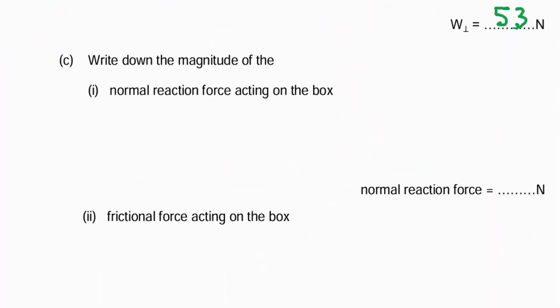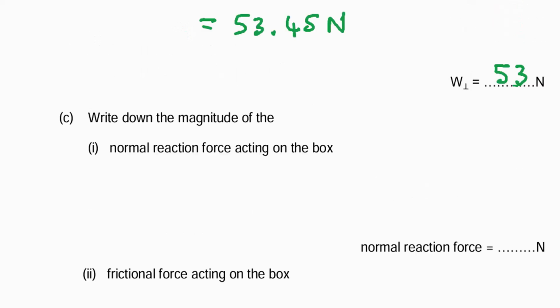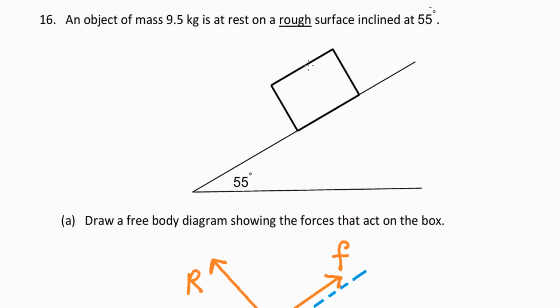Then in C1, we have to write down the magnitude of the normal reaction force acting on the box. We know that the box is at rest. So that means that it's in equilibrium and all the forces acting on it are balanced.